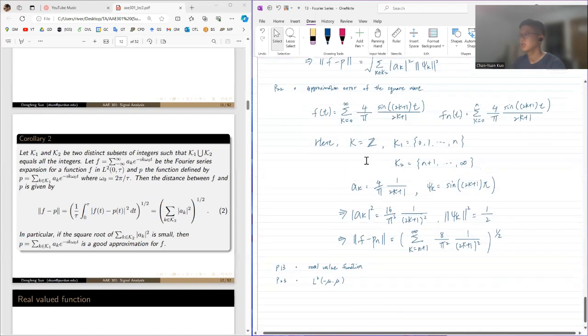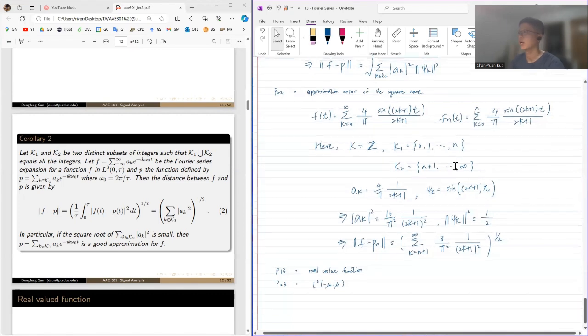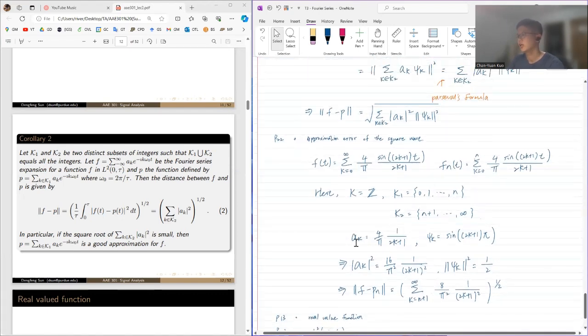In this case, the kappa set is going to be the set of all integers, and the kappa 1 set will be the set of integers from 0 to n. And the kappa 2 set will be the set of integers from n plus 1 all the way to infinity. And also in this case, the coefficient alpha k is 4 over pi times 1 over (2k plus 1).